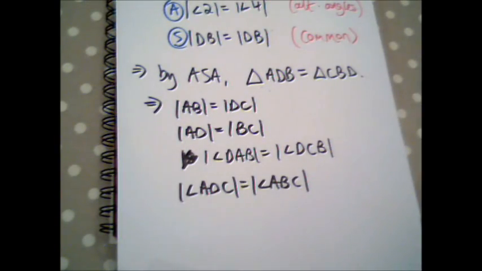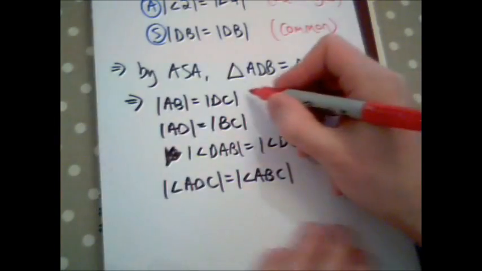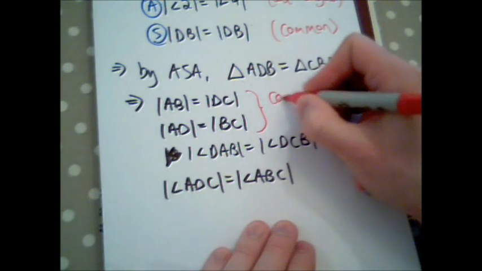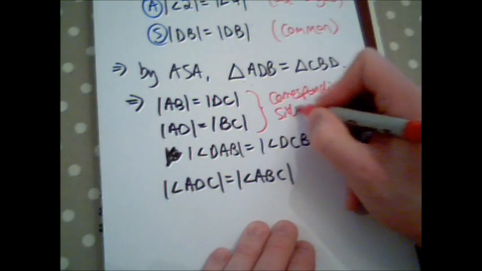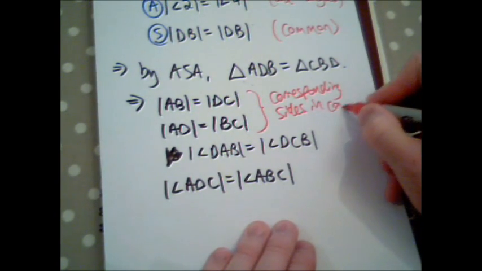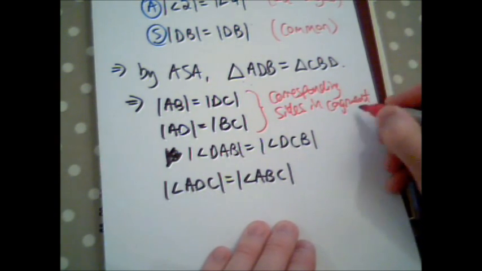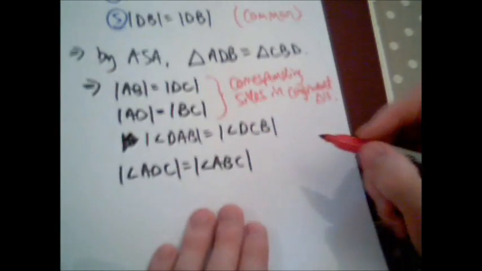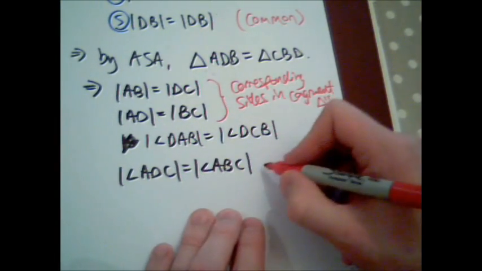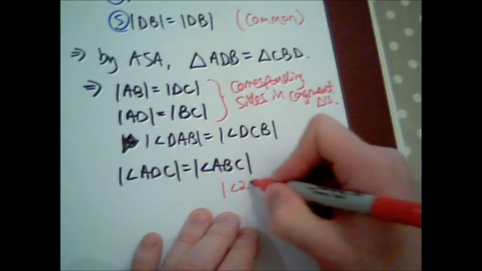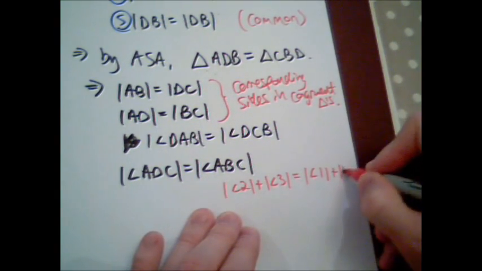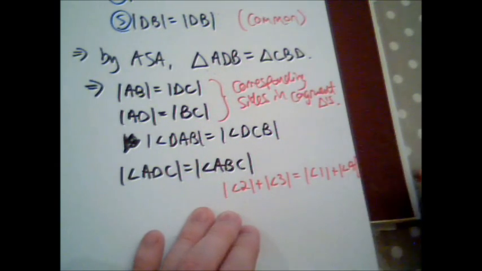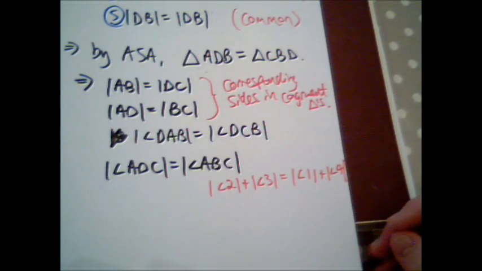So just to fill this in, these are corresponding sides in congruent triangles. This last one here is because 2 plus 3 equals 1 plus 4. Can we see? Yeah, we can just about make that out.